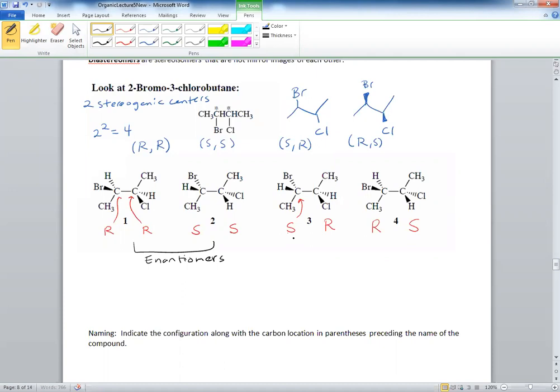What about these? These were switched. S went to an R and R went to an S. So it's the complete opposite. Also, these are enantiomers.